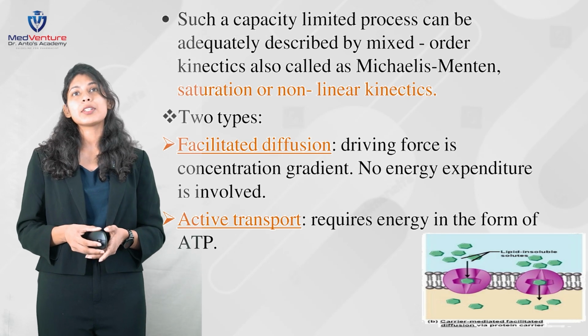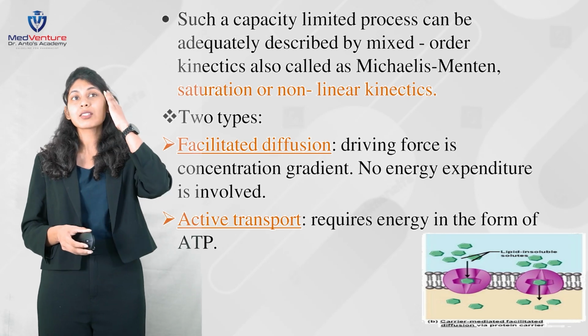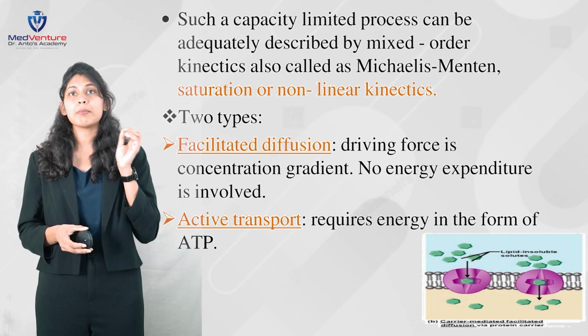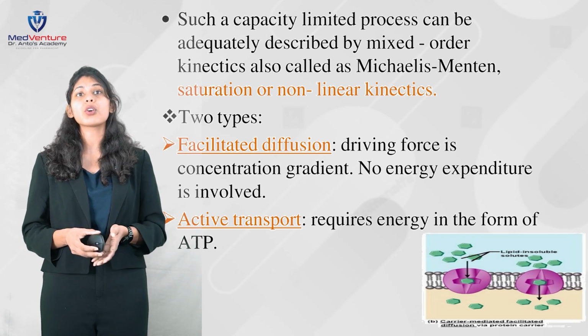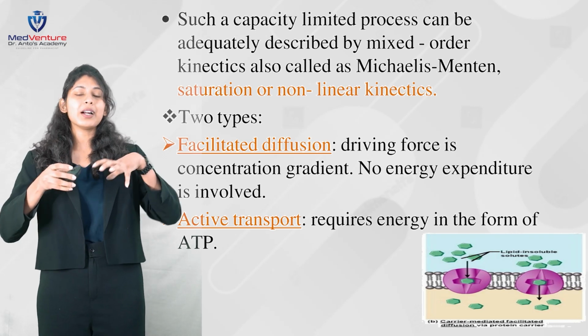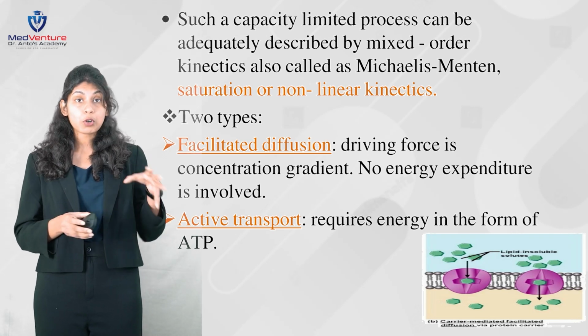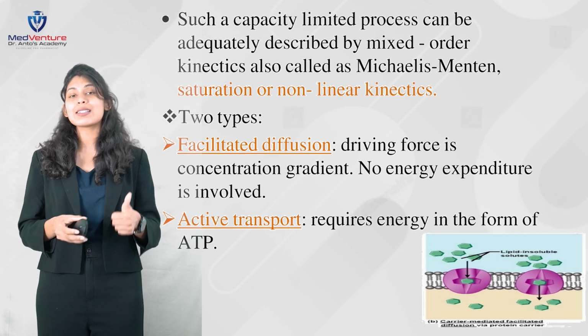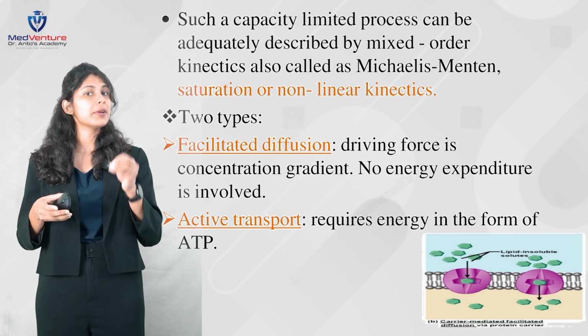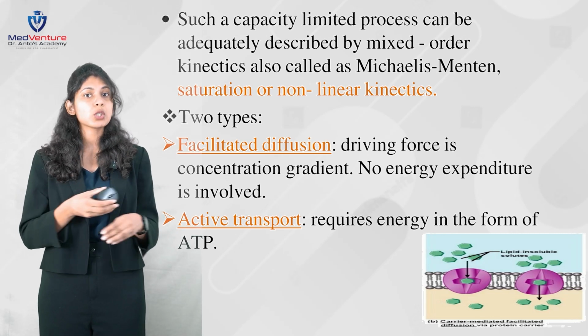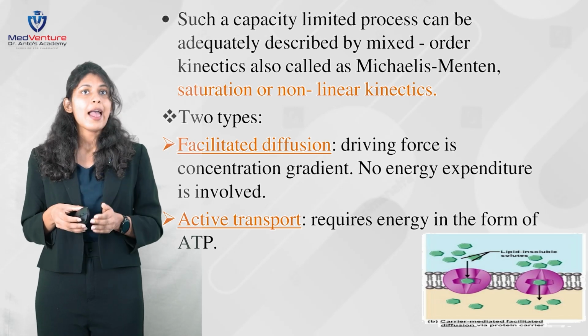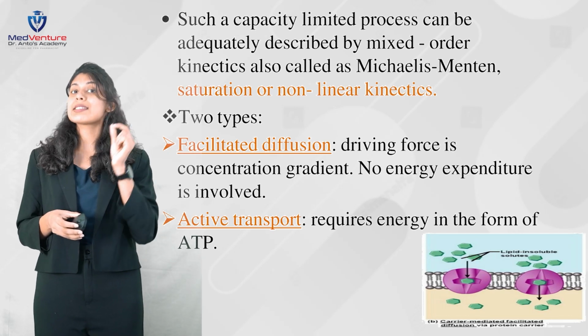Such a capacity-limited process can be adequately described by mixed order kinetics, which is also known as Michaelis-Menten saturation or nonlinear kinetics. This particular process is also known as a capacity-limited process because the carrier number is limited. It will attain saturation once the carriers are used up, and that's why we call it capacity limited.